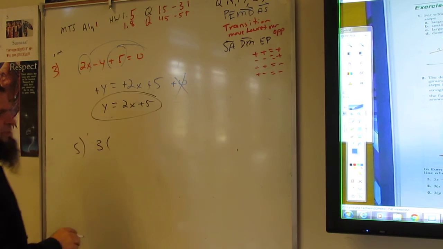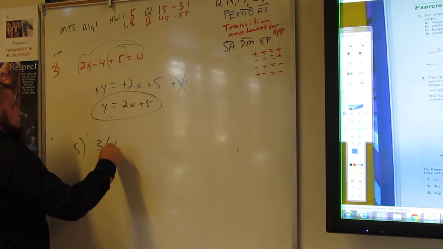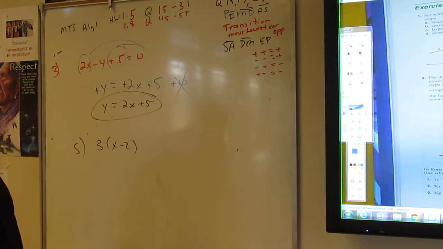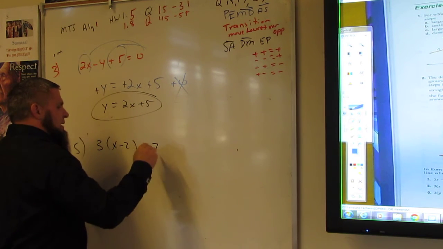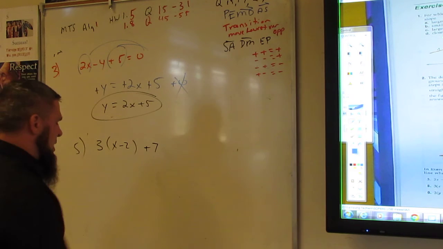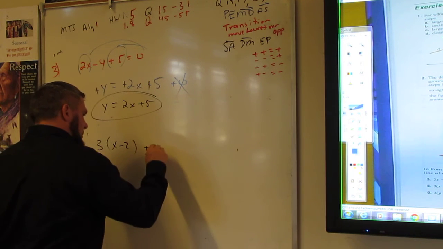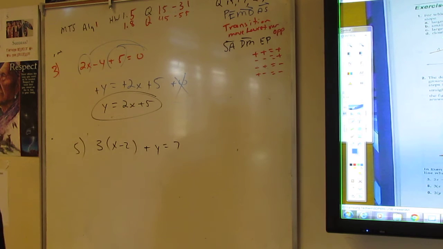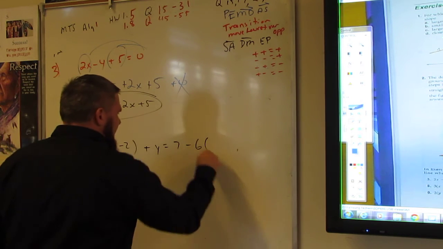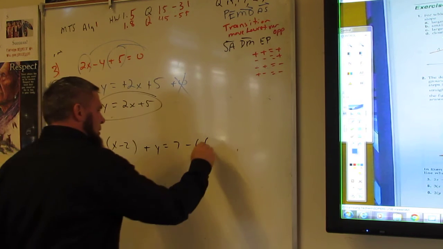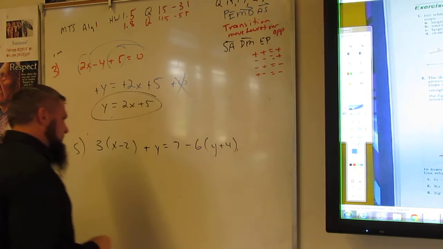3 times x minus 2 plus y equals 7 minus 6 times y plus 4. Okay?